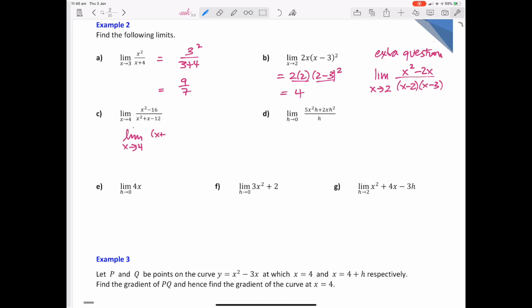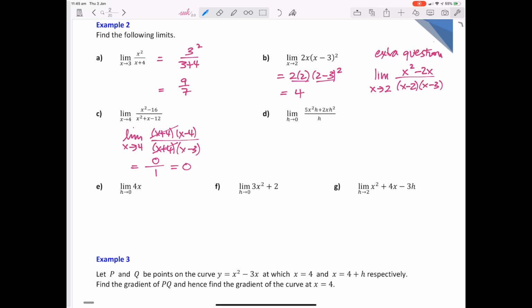I've got x plus 4, x minus 3, over, does that factorize? x plus 4, x minus 3, so they cancel. When I put 4 into the top, I get 0, and into the bottom, I get 1. So it's just 0 in this case.